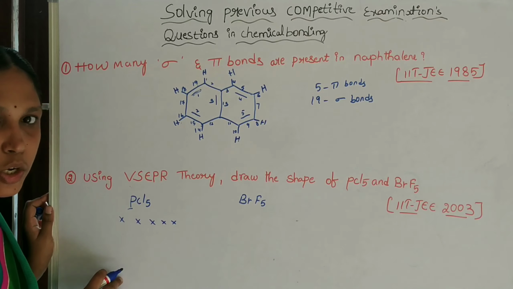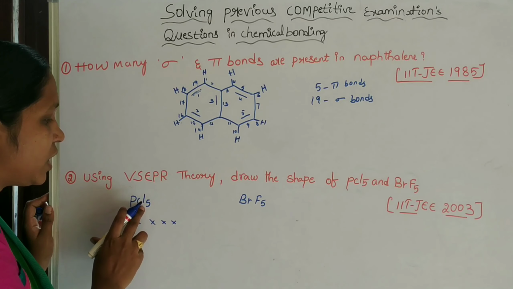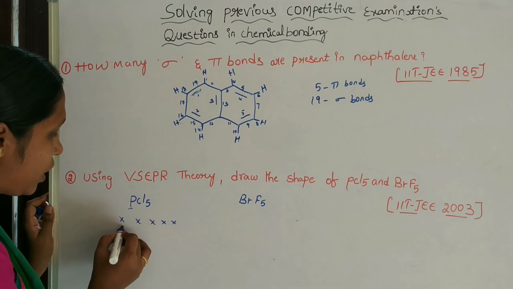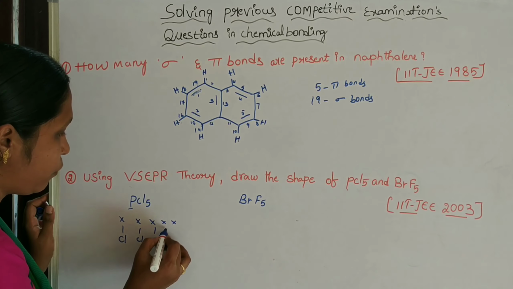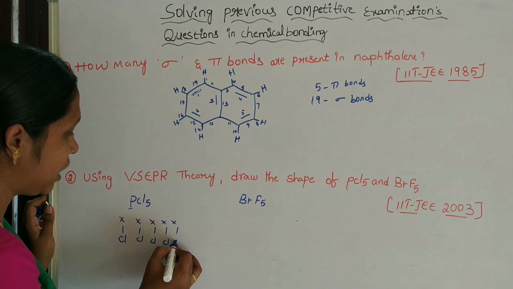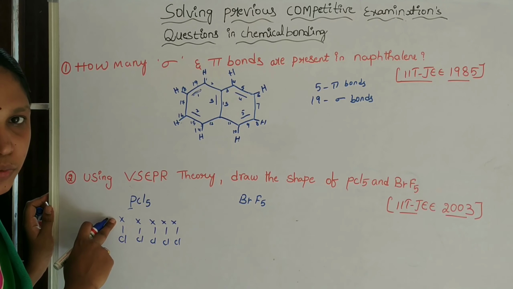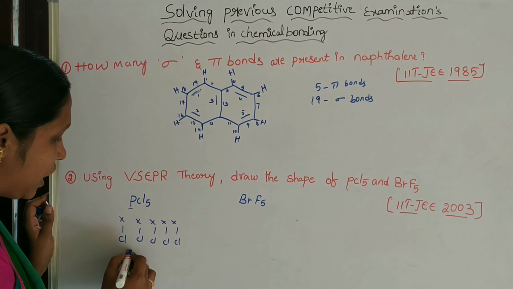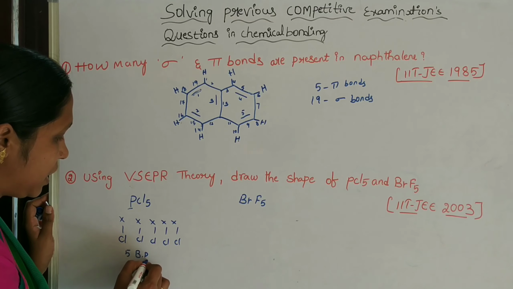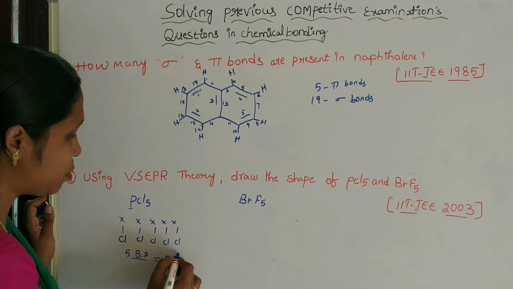The surrounding atom is chlorine and the valency of chlorine is 1. Each chlorine combines with 1 valency electron of phosphorus and forms 5 bonded pairs. 5 bonded pairs means the hybridization is sp3d.